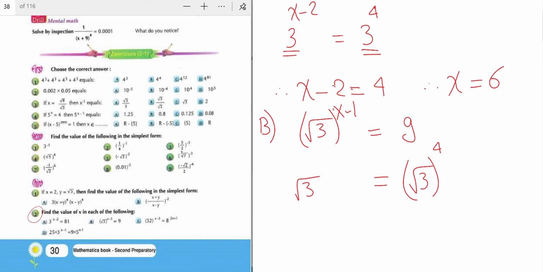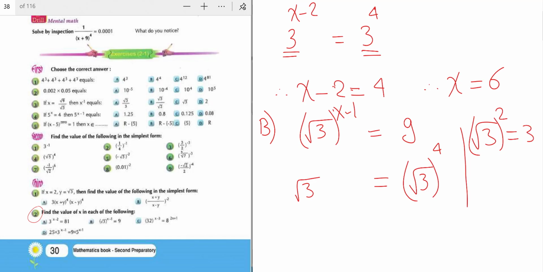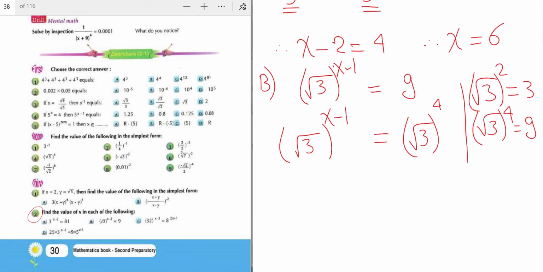So root 3 power 4 equals 9. And root 3 power x minus 1 is the same base. So the base equals base, so the power equals power. Then x minus 1 equals 4, so x equals 5.